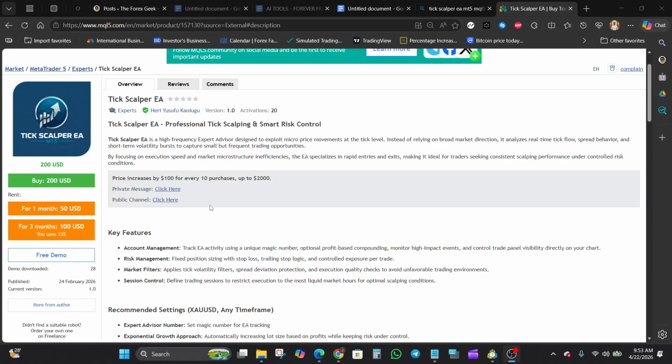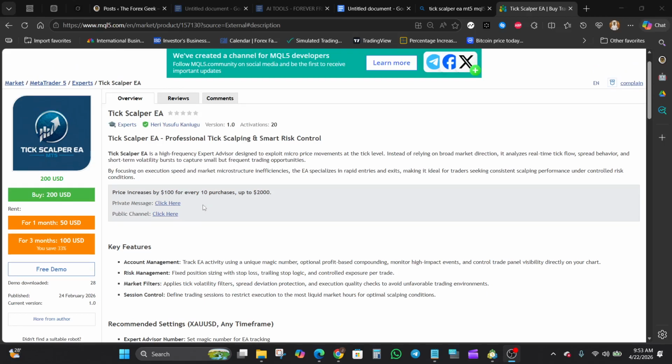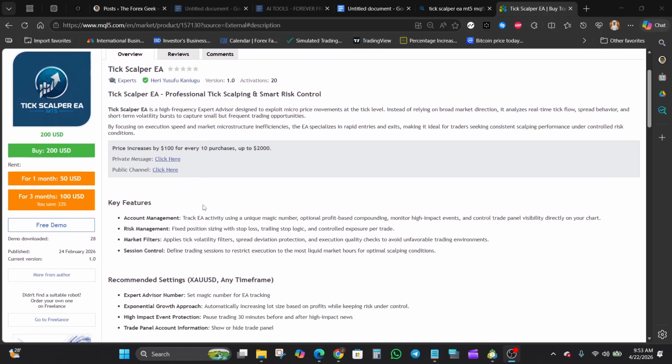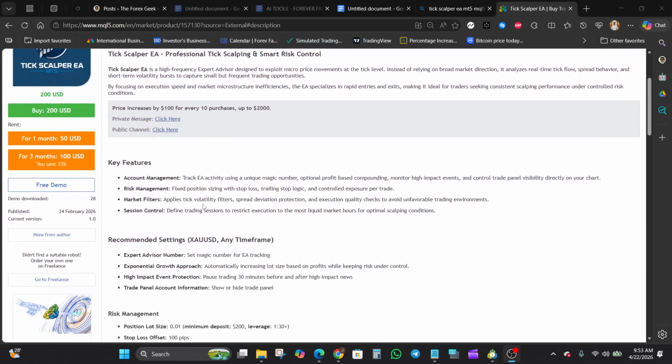Now, from the description, this EA is focused on tick level execution, meaning that it's not really trying to capture big moves in the market. Instead, it's targeting small, frequent opportunities based on micro price fluctuations. It also emphasizes execution speed, spread conditions, and volatility bursts, which is exactly what you would expect from a scalping system like this.